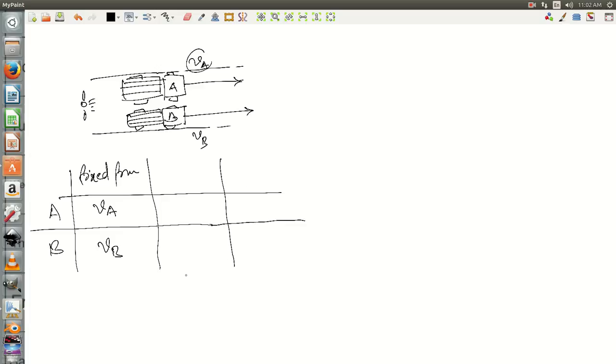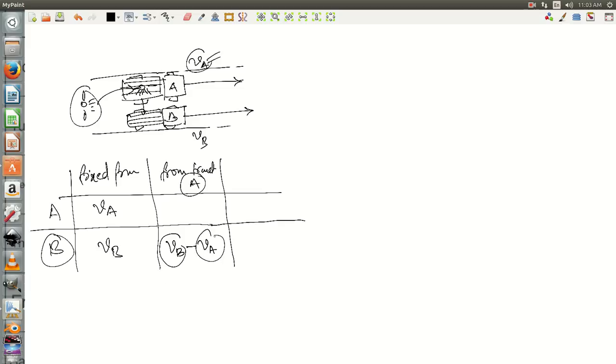Now, let us assume that instead of being here, we sit onto this truck A and we observe the truck B. From truck A, the truck B has velocity Vb, but since the truck A is also moving with the velocity Va in the same direction, we'll observe that the velocity of truck B will be equal to Vb minus Va.